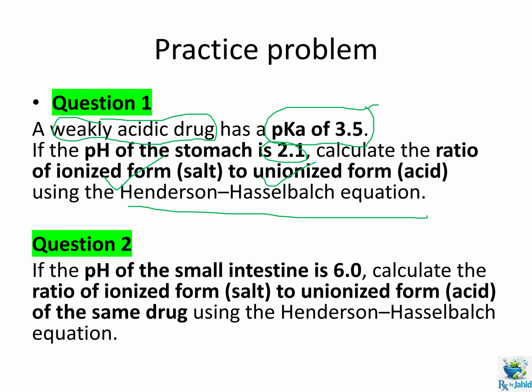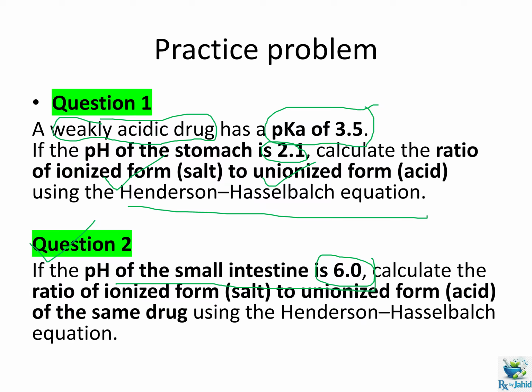What would happen? As a theory, we know that a weakly acidic drug will be unionized in the stomach and will be better absorbed from the stomach. If you see question 2, the drug has already passed the stomach and come into the small intestine, where the pH is 6. We'll see what would happen in this intestinal area after the drug comes into the intestine.